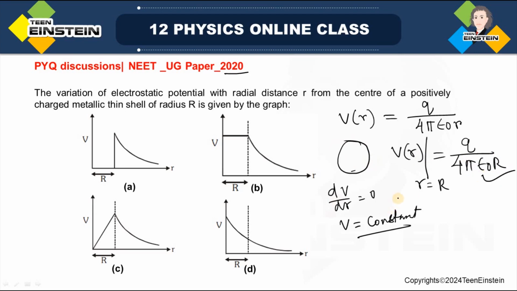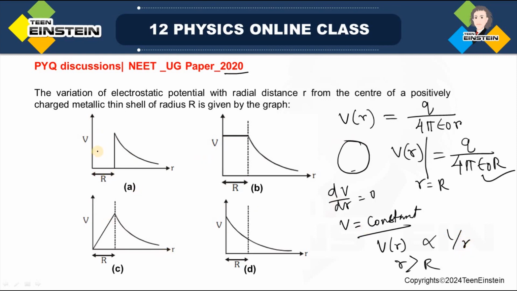So the potential will not vary up to the surface. There will be a constant potential up to the surface, and thereafter the potential will vary as 1 over r. So this is at r greater than capital R. That means at any point outside the shell, the potential will vary as 1 over r.